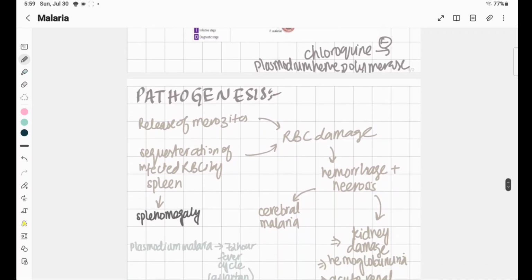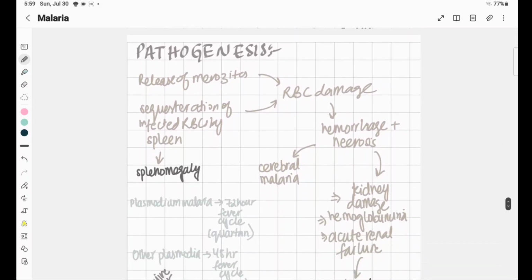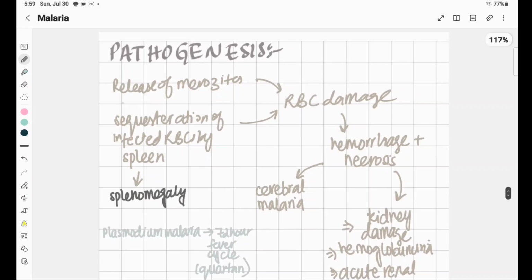Now, pathogenesis. Of course, I told you the release of merozoites and also sequestration of infected RBCs by the spleen is going to cause RBC damage. And this RBC damage is going to cause hemorrhage and necrosis.